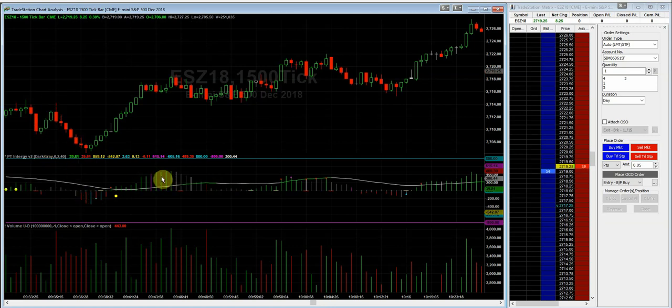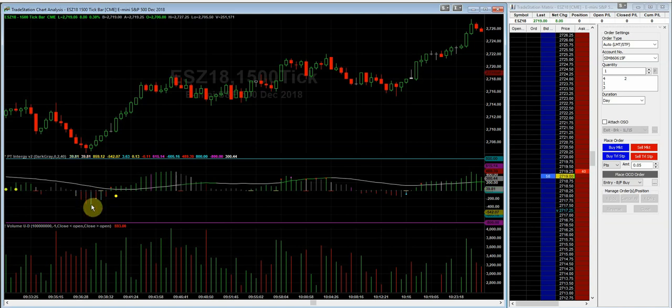And within this volume oscillator, again, the green is the positive or demand type of effort. The red is supply or downward type of pressure.